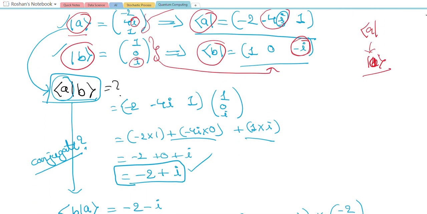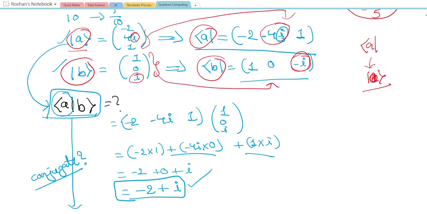Now we'll try to find the inverse of vector A dot product vector B. For this, what do we need? We need the inverse of A. We already found the inverse of A, so we'll write it here. Now vector B, from the question we can directly get this value.